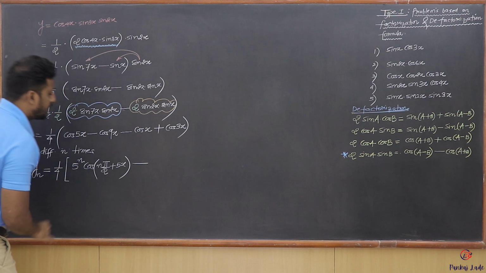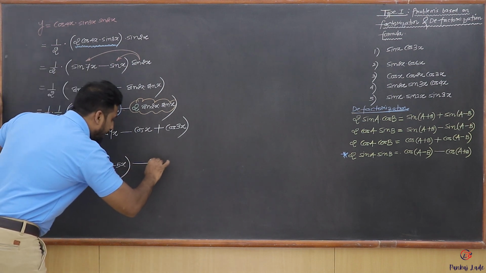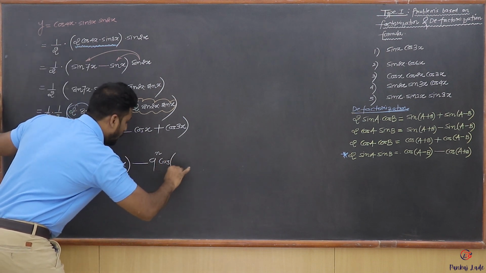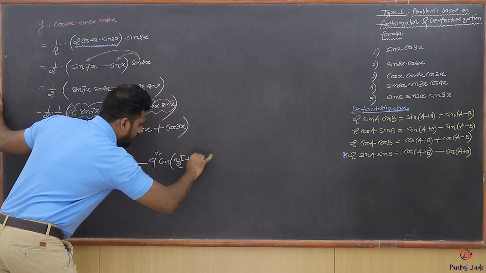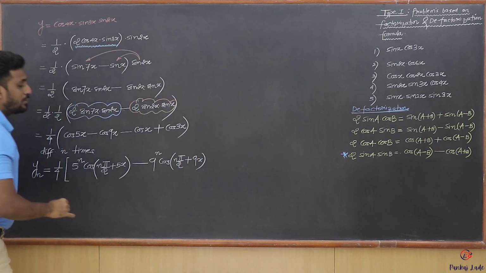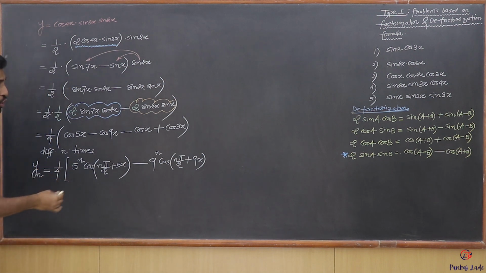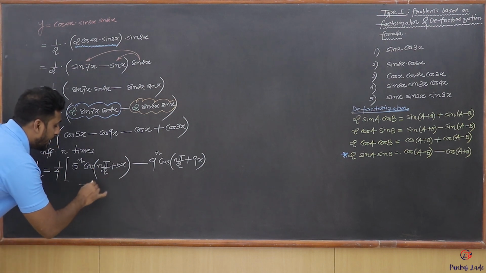Then a minus sign, let's write the nth derivative of the second term now. This time here ax is 9x, b is 0, so I write here 9 raised to n into cos(n pi by 2 plus 9x), that's my nth derivative of the second term. Then let's go to the third term now, minus cos x. So here a is 1, b is 0, so minus, I get 1 raised to n.